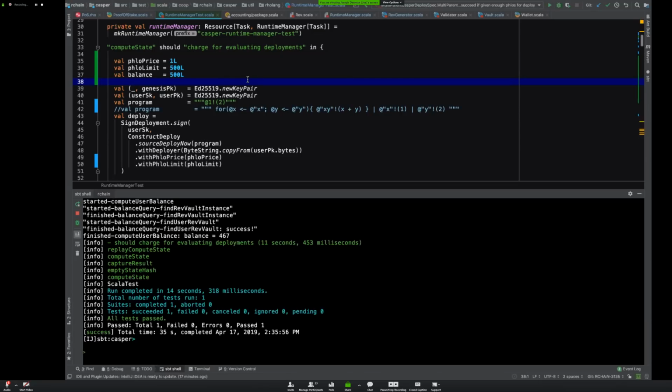So we still need to disincentivize sending programs that, for example, are just going to terminate. So we still charge the user for the amount of rev that is consumed up to the point that the contract throws the error. However, once the contract throws the error, all of its effects, aside from the payment, are reversed.